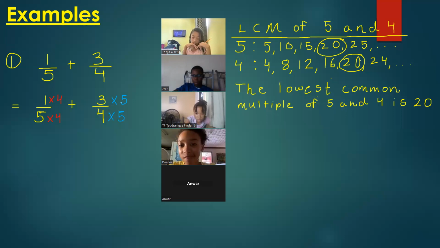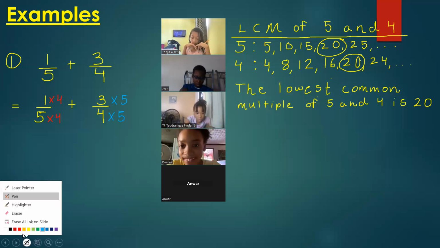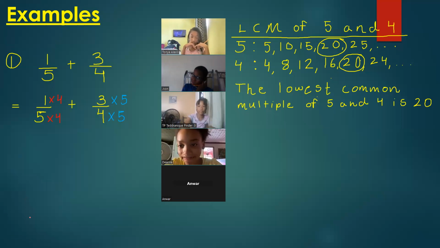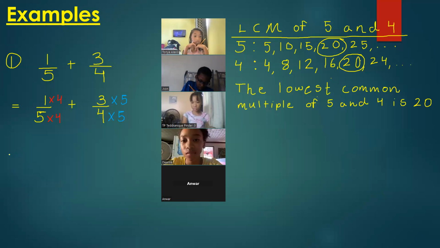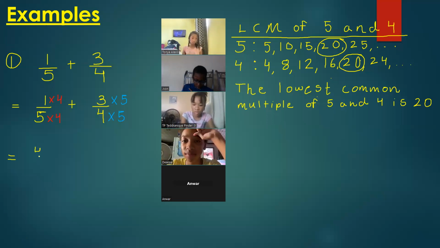All right, next up, now we have to multiply. Anwar, what is 1 times 4? 4. Very good.